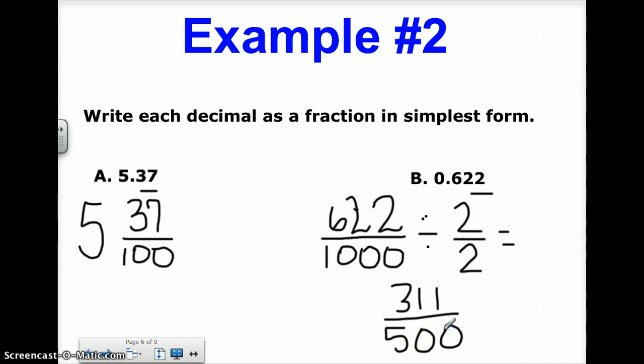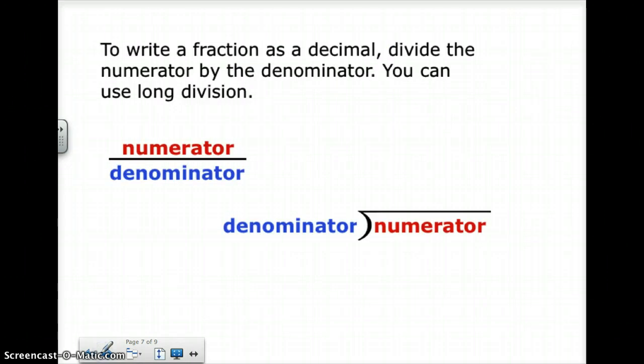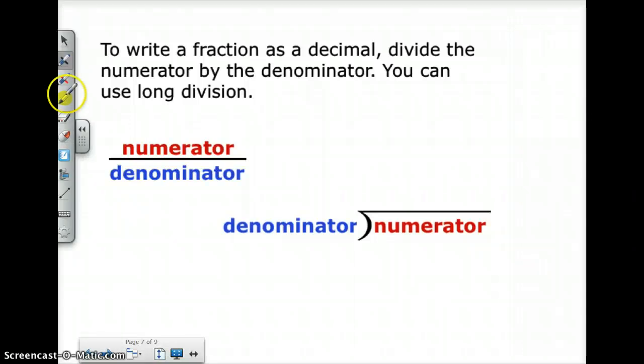Now the last thing we will talk about today is anytime we want to change a fraction to a decimal, you need to divide your numerator by your denominator. Remind me in class tomorrow, and I'll teach you a song to help you remember how to change your fractions into a decimal.